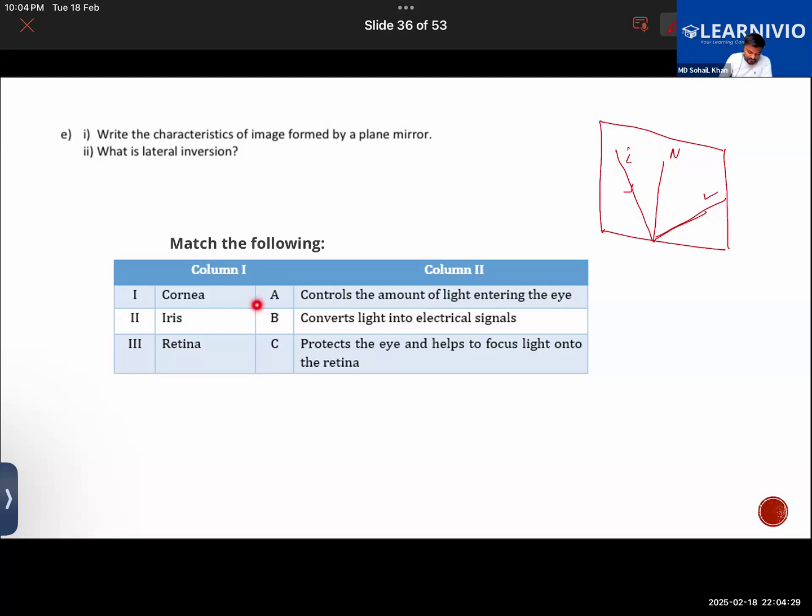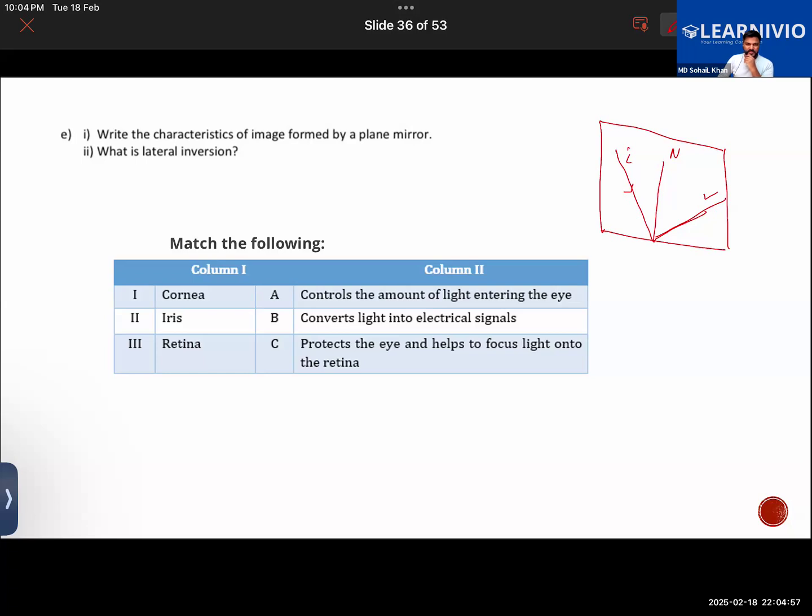Okay, now match it. Match cornea with which one is the correct one? Cornea protects the eye and helps to focus light on the retina.